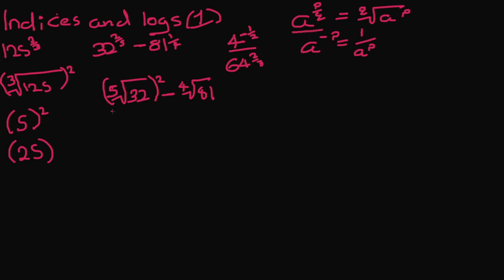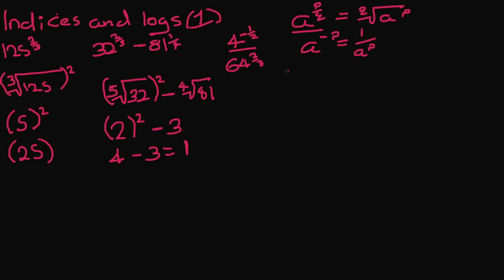So the fifth root of 32 is 2, and then we'd have 2 squared, which would be 4, and then minus 3, because the fourth root of 81 is 3. So that'd be 4 minus 3, and that would equal 1.